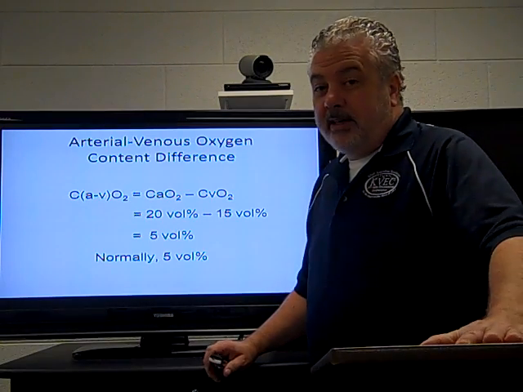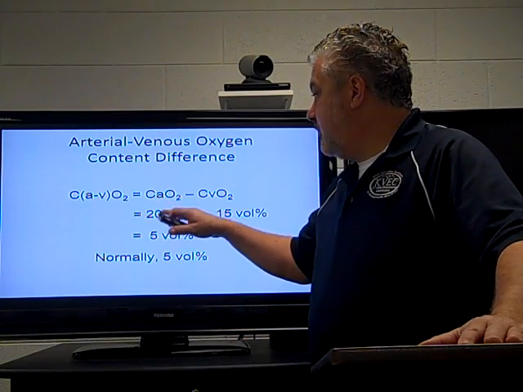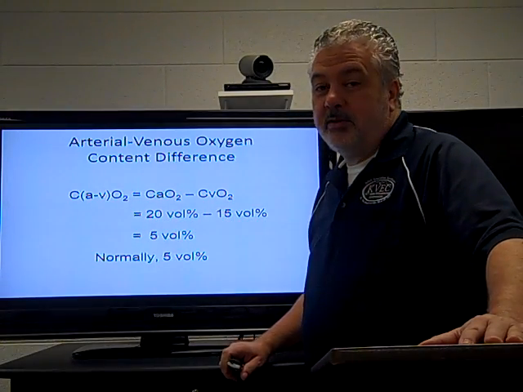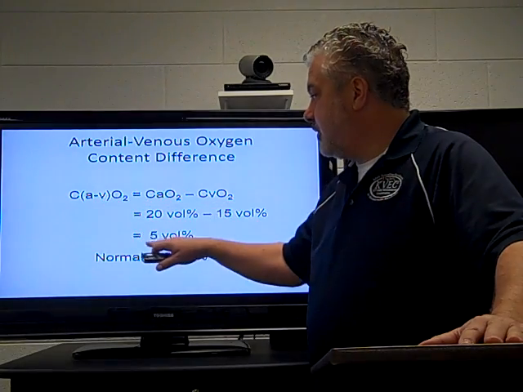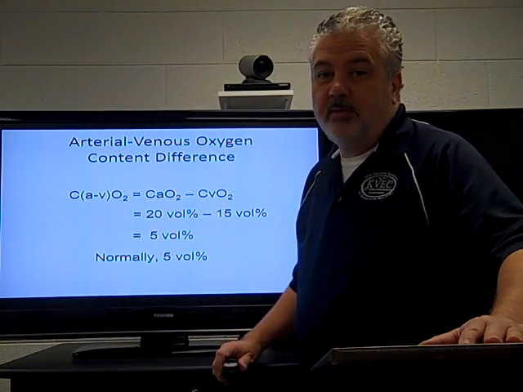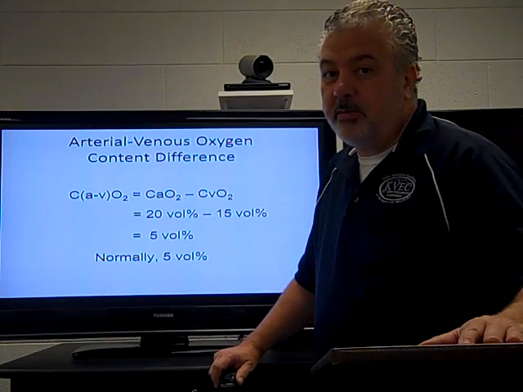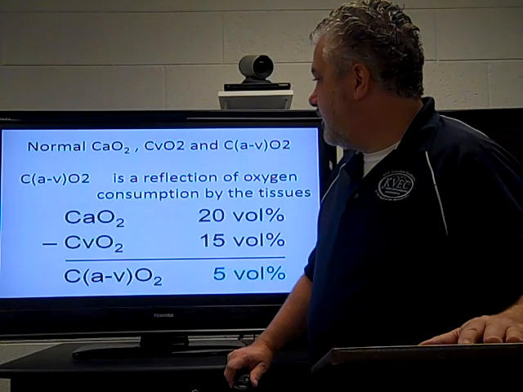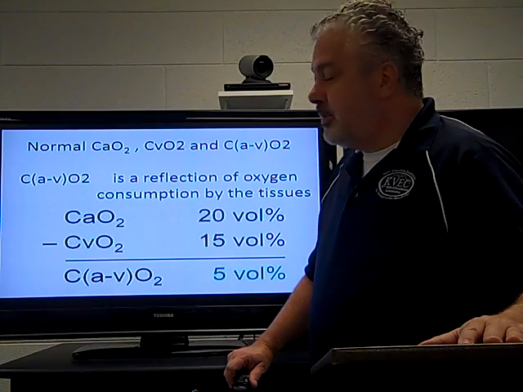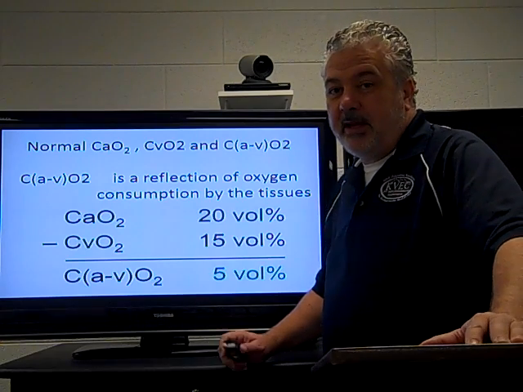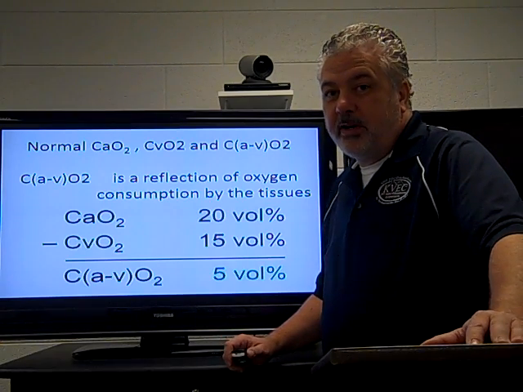So if we had an example of a CaO2 of 20 and a CvO2 of 15, we just subtract the two and you get an AV difference of 5 volume percent, which is normal. The normal AV difference is about 4 to 5 volume percent. This is a reflection of tissue oxygen consumption, and this is how you would set up the math, but it's simple subtraction.